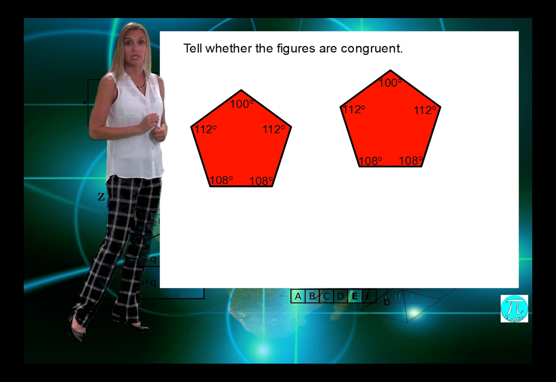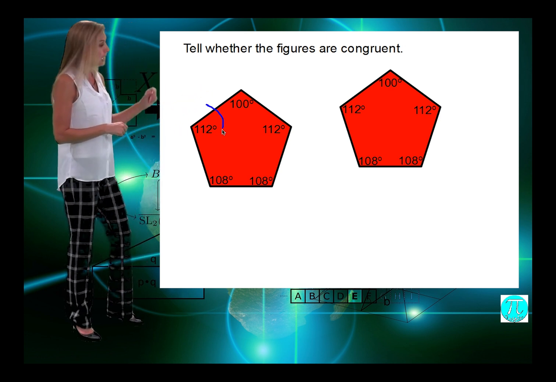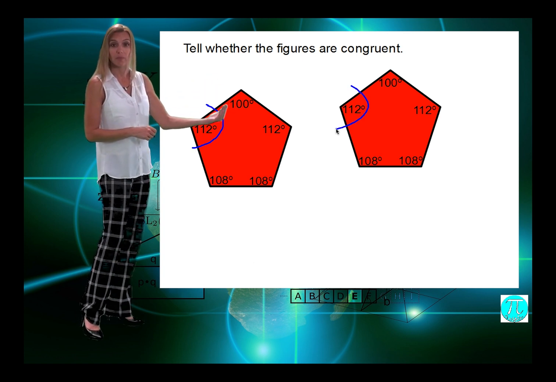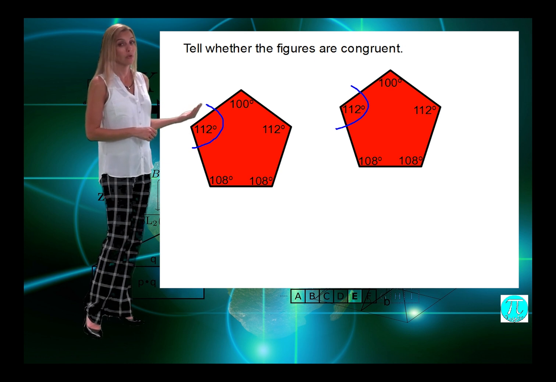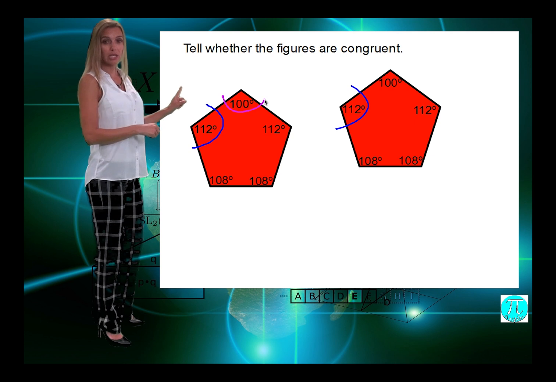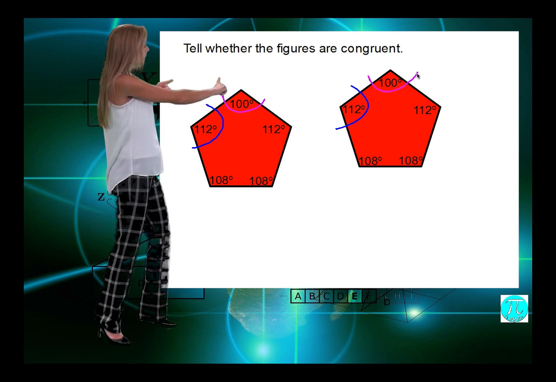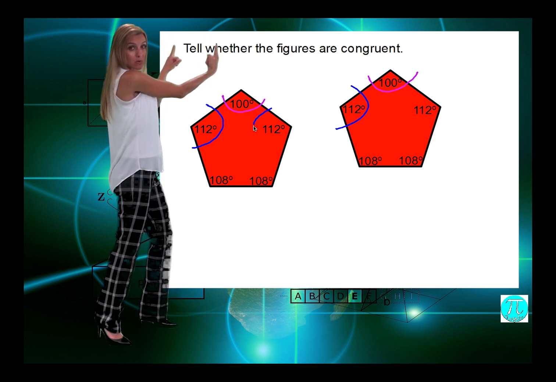It also can be, if we are looking at a shape such as this one in here, my pentagon, I can look if my angle measures are the same. If the angle measures are the same, then we have a congruent figure. So if I look, this angle in here is actually congruent to that angle. The one on top is the same measure as the other one on top.